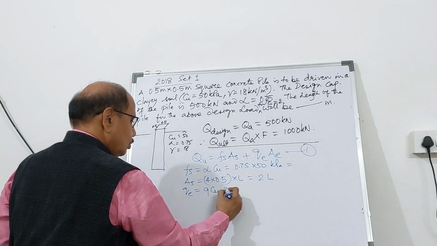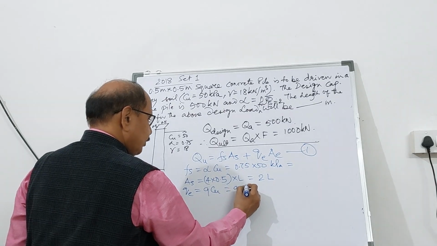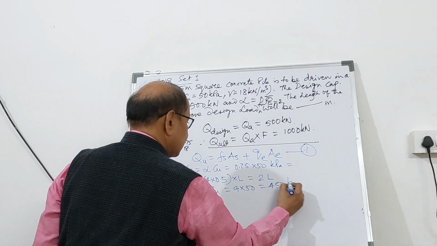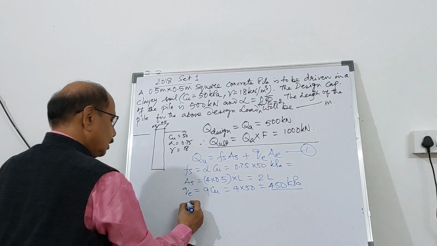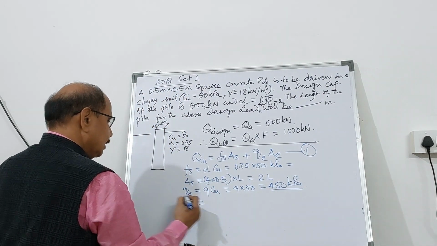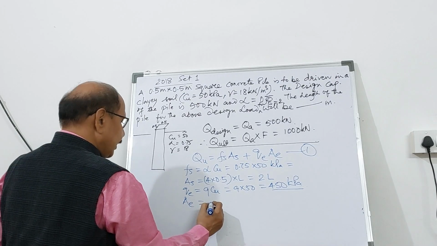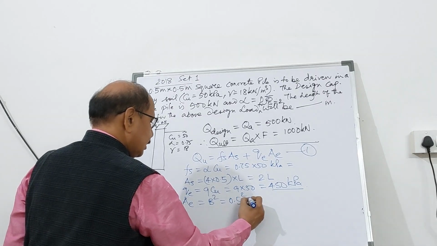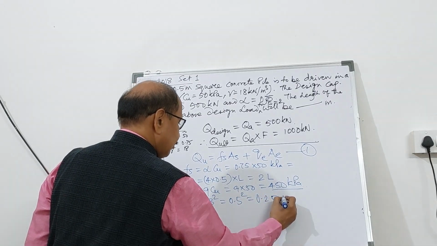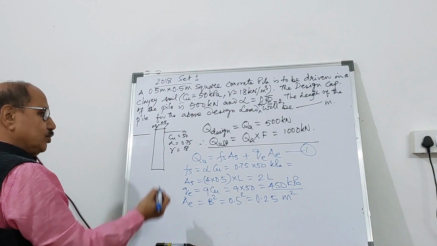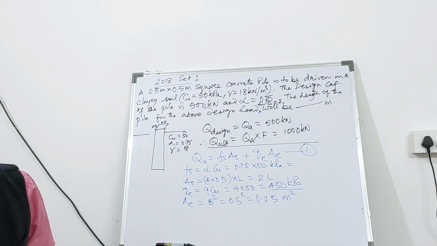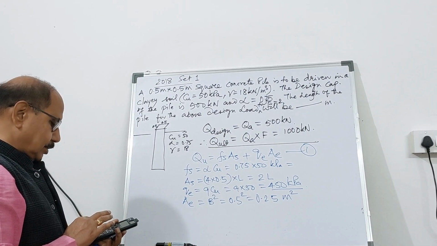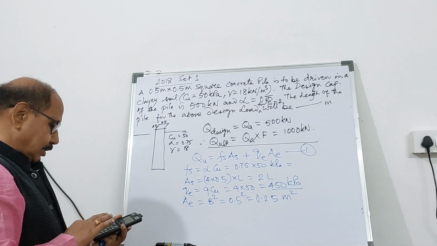So 9 times Cu. So this becomes 9 into 50, so 450 kilopascal. Now the area of the pile at the tip will be B square. So this is going to be 0.5 square, that is 0.25 square meter. So if you substitute all the values in equation 1, you will be getting all the values.